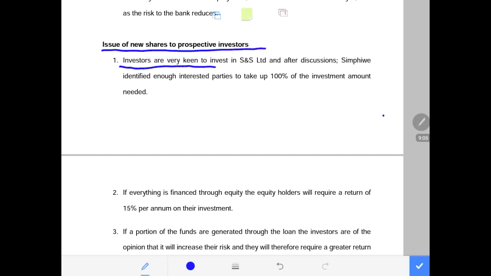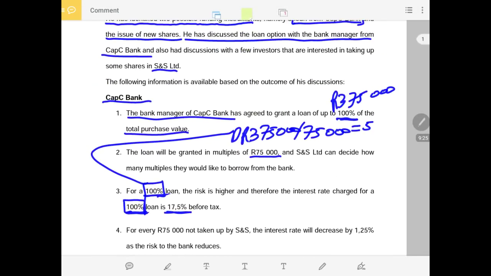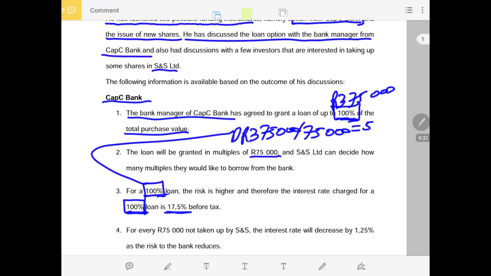Investors are very keen to invest in SNS Ltd. And after discussions, Simpiwe identified enough interested parties to take up 100% of the investment amount needed. So there is an opportunity to take this amount through the bank, because the bank is willing to fund us with 100% of the purchase price of this new equipment.